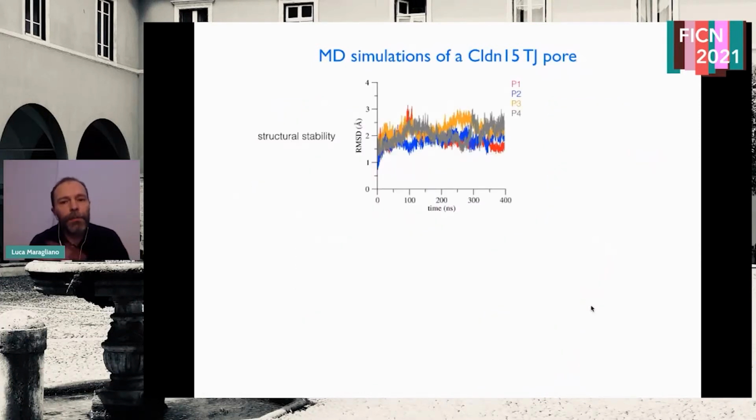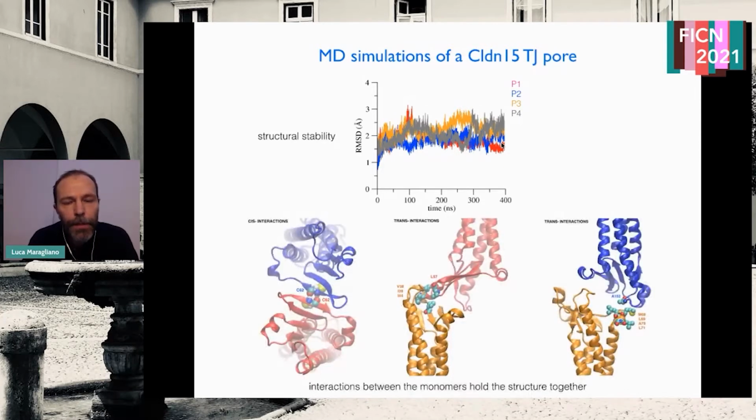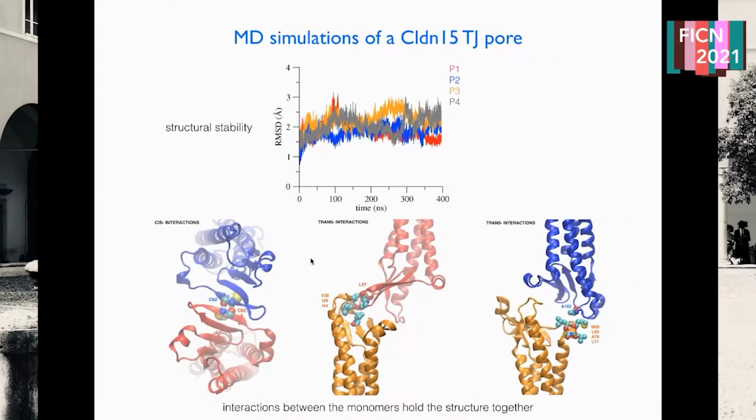We first did standard MD simulations just to evaluate the stability of this structure. So the tetramer is stable in the double membrane. The single protomers maintain their conformations, and interestingly, the tetramer is held together by interactions among clusters of residues that are known to be conserved among claudins, also of different families.